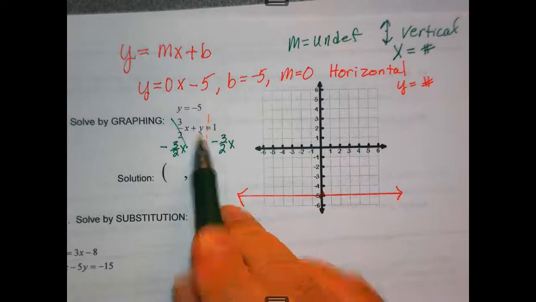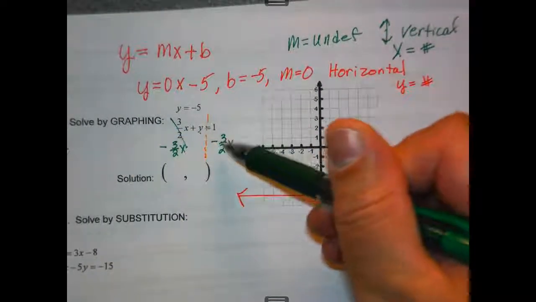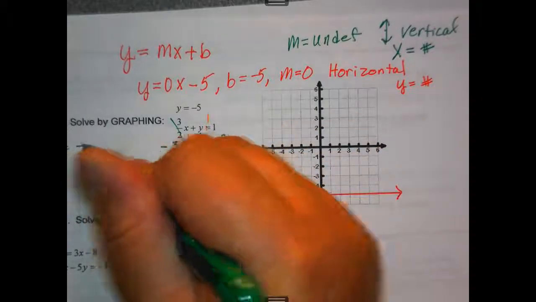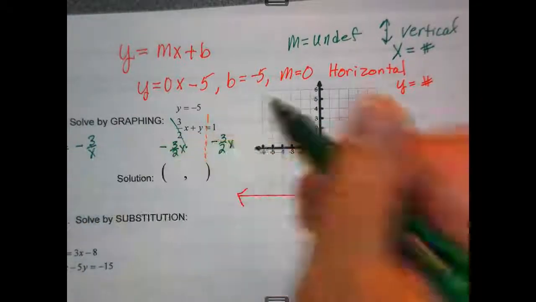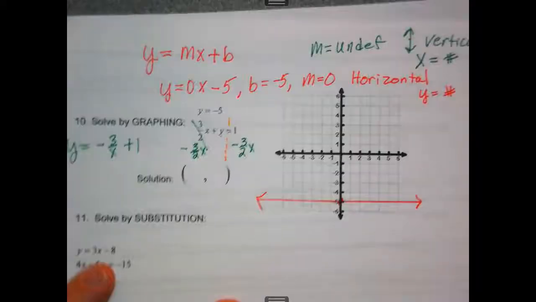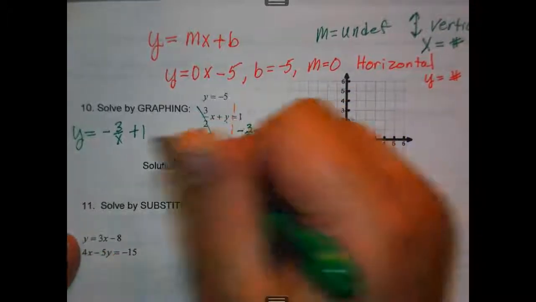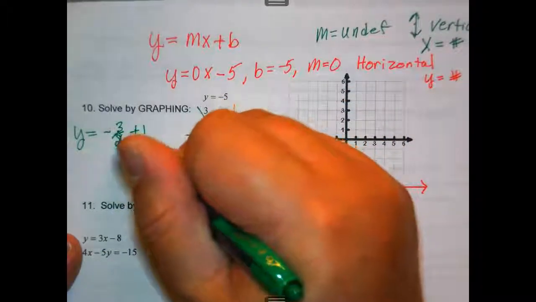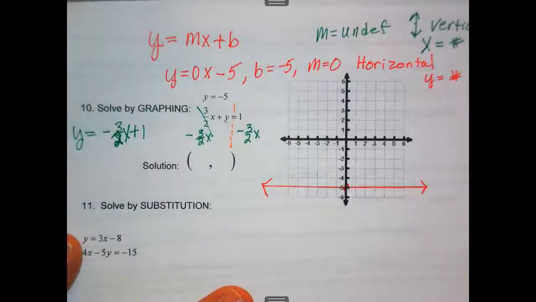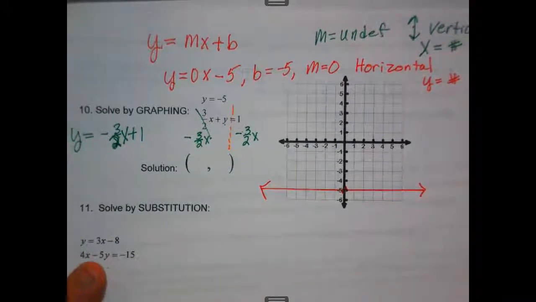It's y by itself. Here I have -3/2 x and a plus 1. Oops, I kind of screwed this up. Like I said, you guys got to stop making me do mistakes.